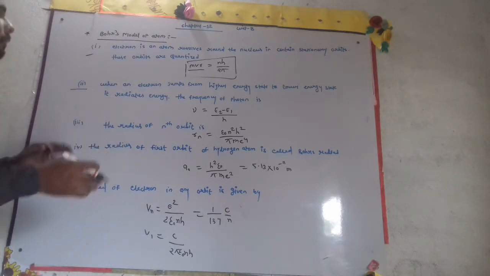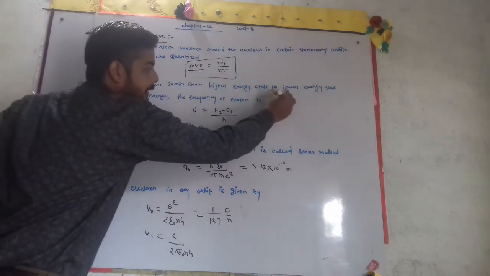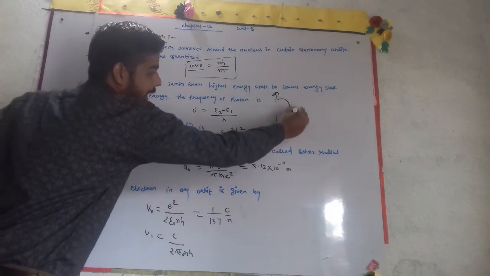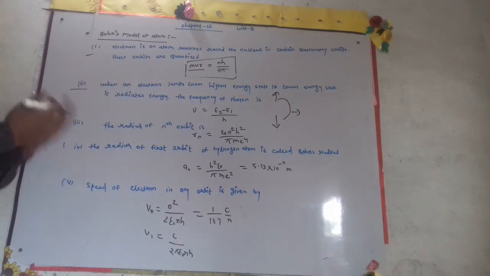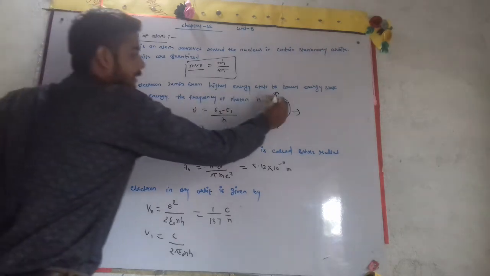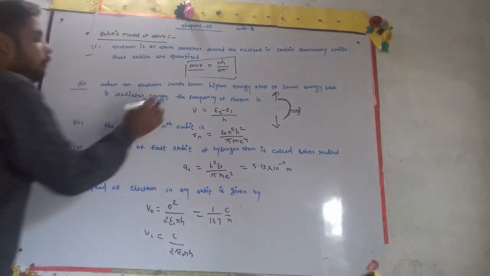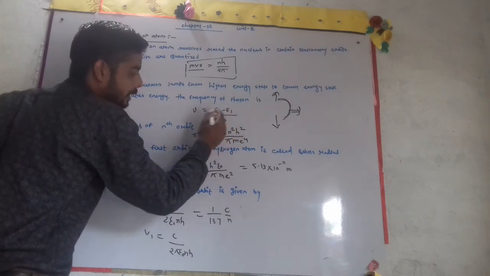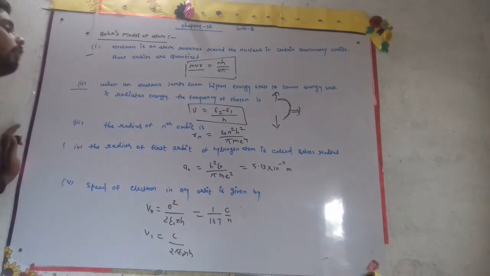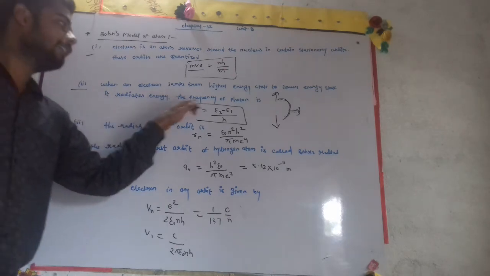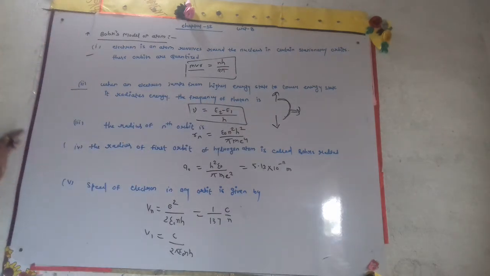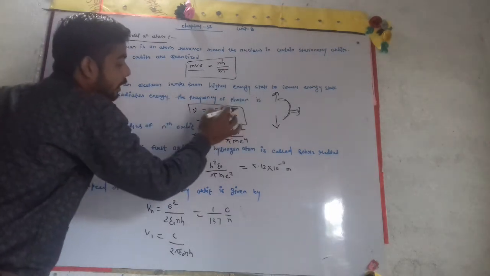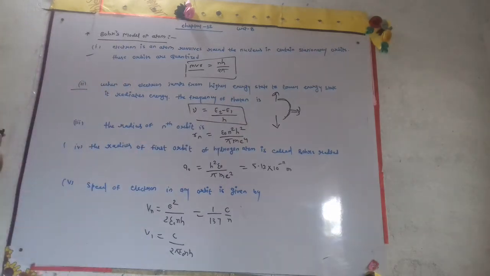Obviously, if an electron jumps from a higher energy level to a lower energy level, it will radiate energy. So the frequency of the photon, nu, equals E2 minus E1 upon h. This is the formula for radiation energy.